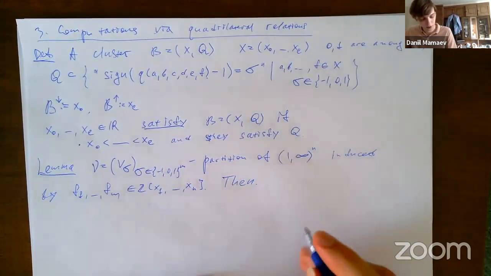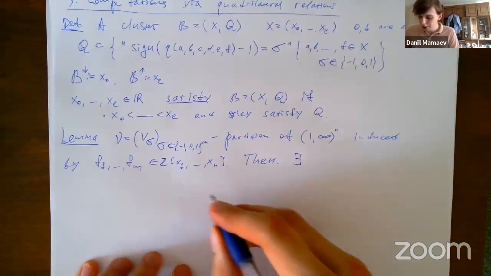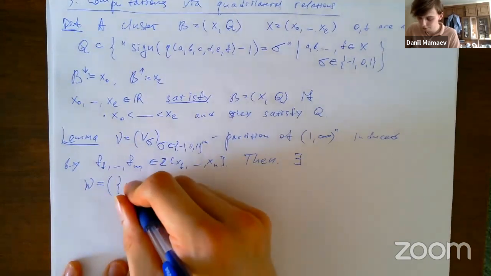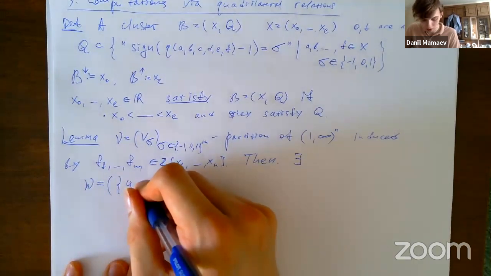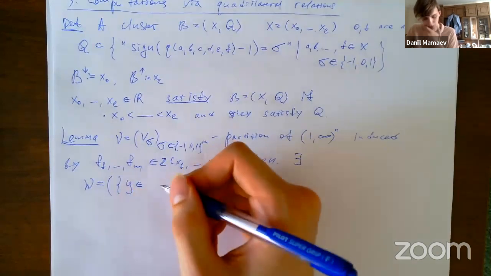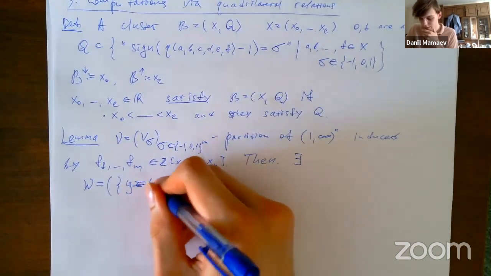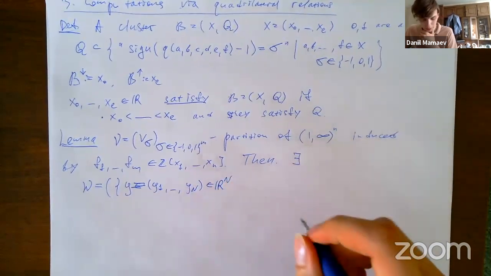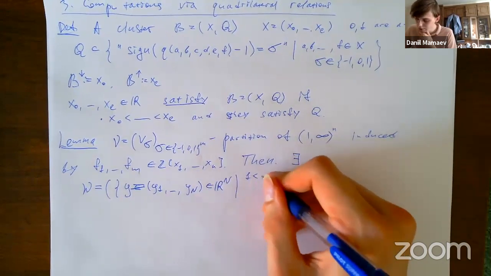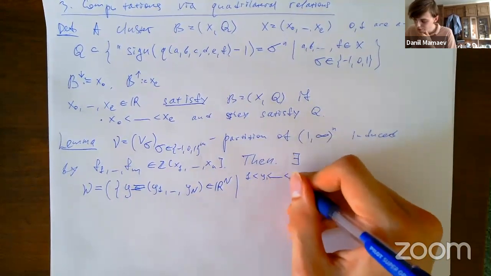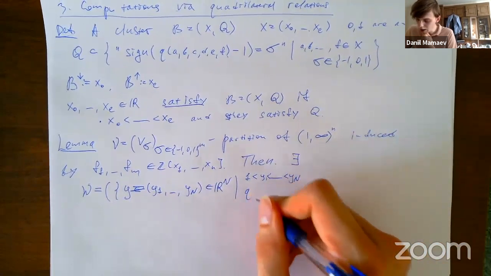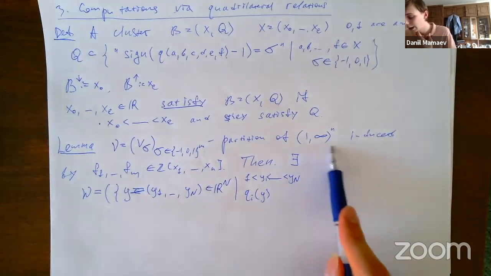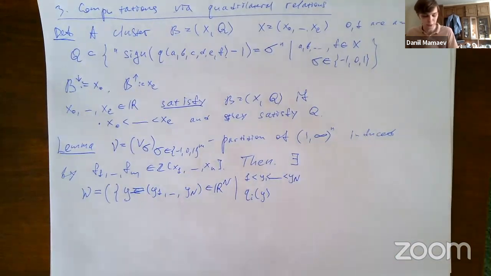Then there is such a partition of some R to the big power, which is, well, any partition of this set is equal to some partition induced by quadrilateral relations.